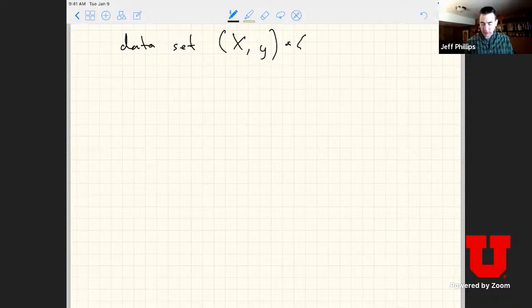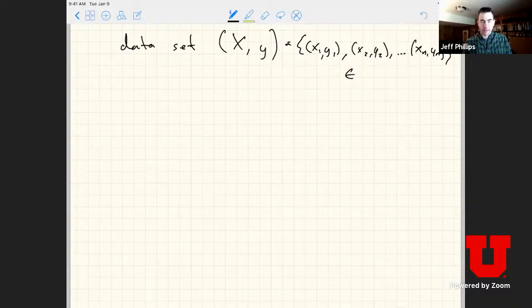This will be the set (x1, y1), (x2, y2), up to (xn, yn). Each of these will be a subset of R^d cross R. So the data points are going to be in d dimensions and the label is going to be in 1 dimension. And our goal is going to be to build a model.